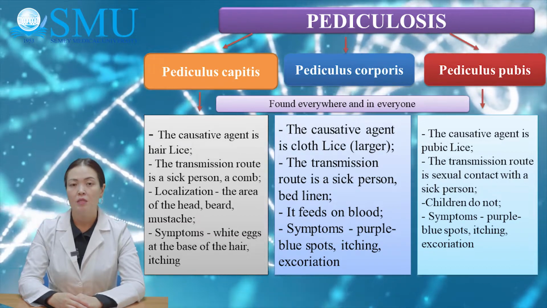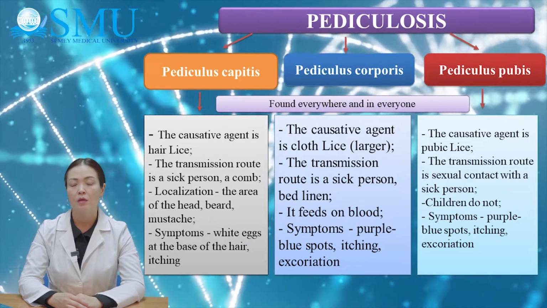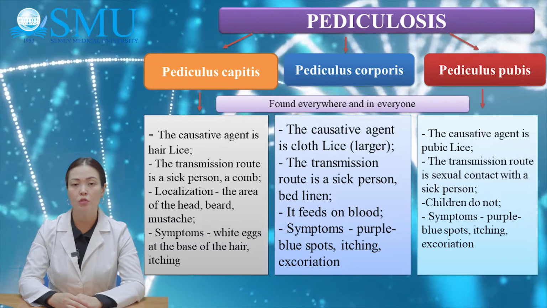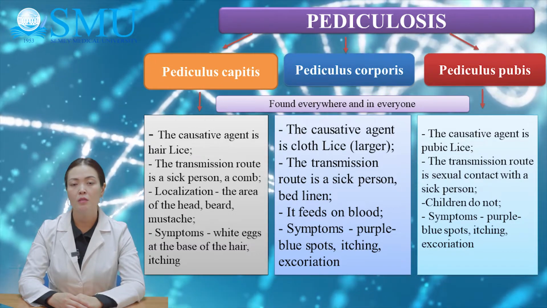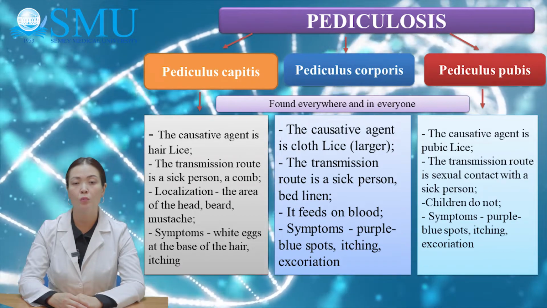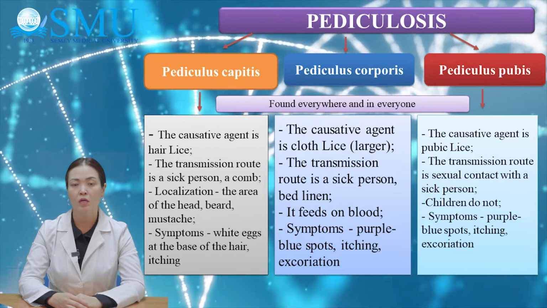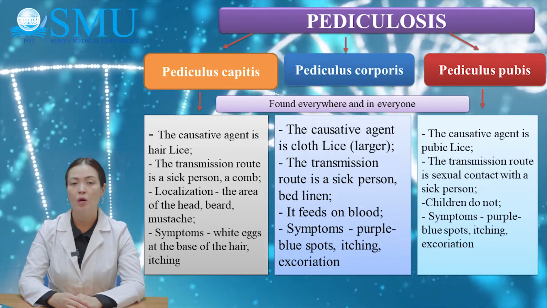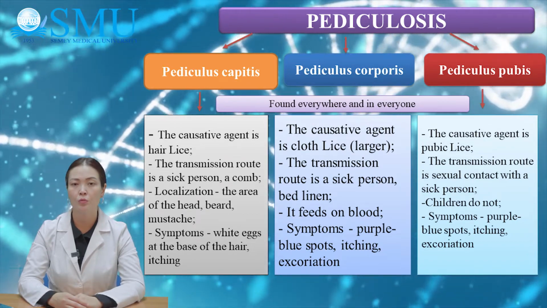The next clinical form we call Pediculosis pubis. This type of disease is absent in children because children don't have hair in this specific region, and this disease is provoked by another type of lice which we call pubic lice. These lice can also be transmitted to us after sexual contact with an ill person, or again by the tools used by a person with whom we live together.